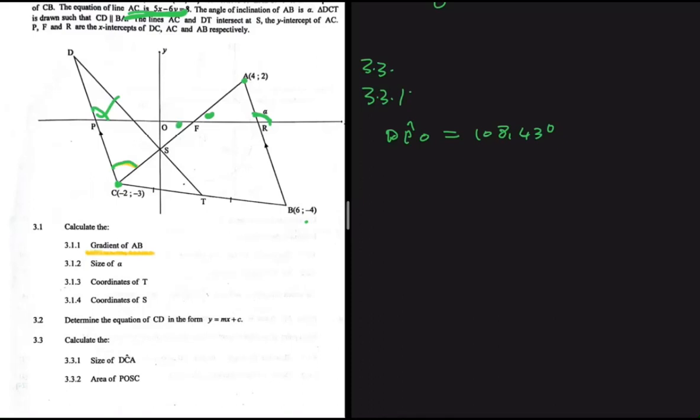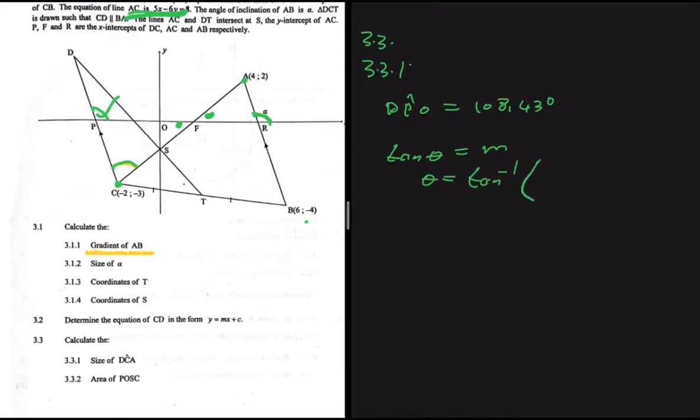How are we gonna calculate it? We're gonna say that tan of theta is equal to the gradient, right? So here we're gonna say that theta is equal to tan inverse of the gradient. So what are we saying? We're saying y2 minus y1 divided by x2 minus x1. But then just for the sake of time, we're just gonna do it without writing the formula down, right? So what is y2? Let's take A as our second point, right?